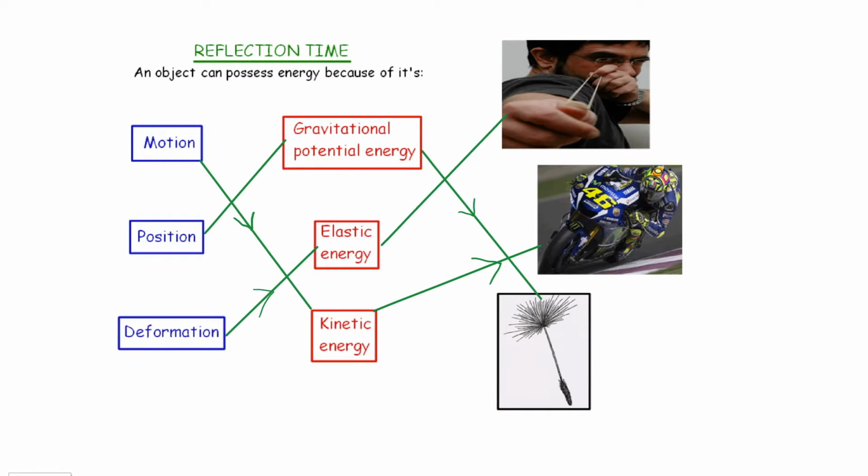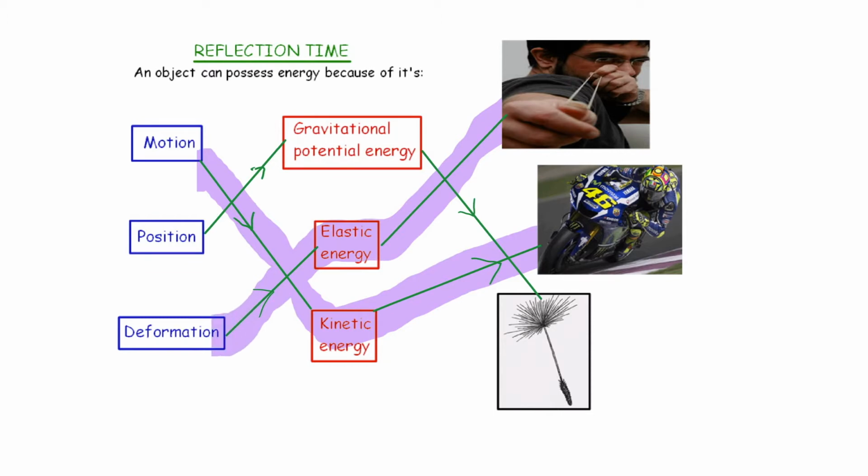Okay, that looks a bit messy, so I'll go through each one of those one by one. I've already done the motorbike. So that's this one here. The motorbike is moving, it's got kinetic energy. The elastic band has got elastic energy, and deformation means changing its shape.